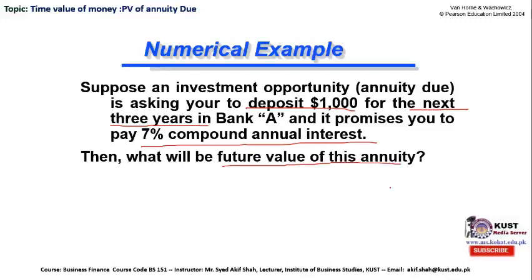So first of all we need to understand and read thoroughly this numerical question, and it has been clearly mentioned over here that it is an annuity due. It means that this bank is asking you to deposit $1,000 at the beginning of each year.